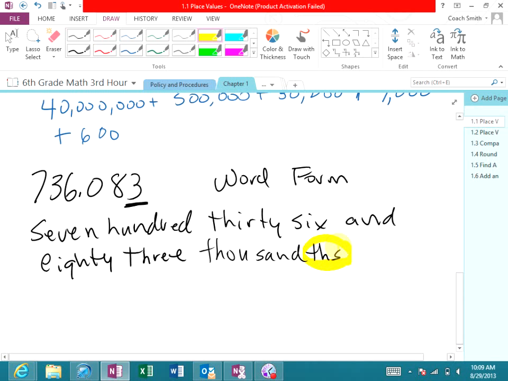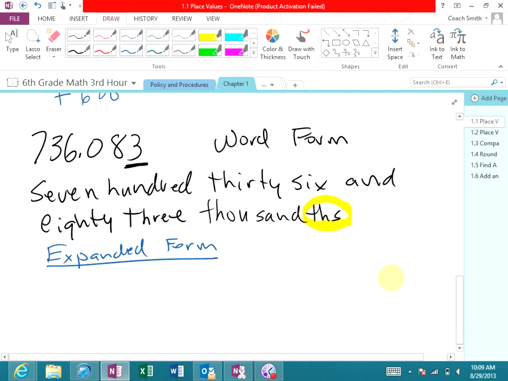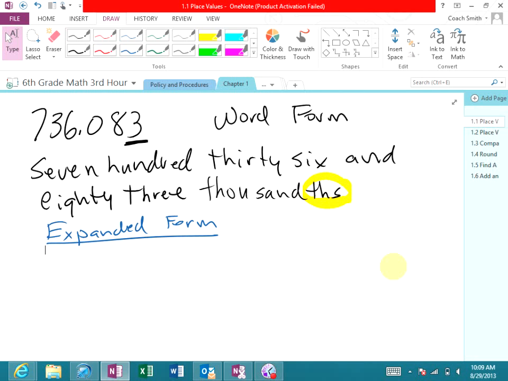Now to write that in expanded form. Let's talk about expanded form. When we talk about expanded form, we're talking about this.